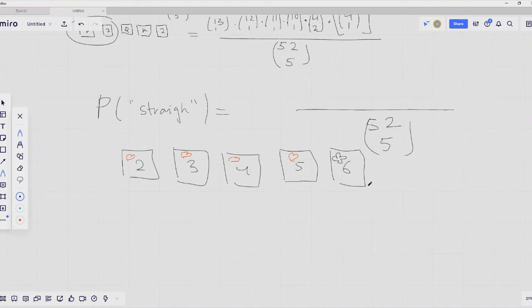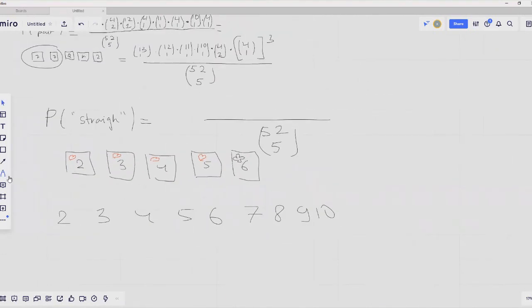If we order all our denominations in a poker deck, there are 13 of them: 2, 3, 4, 5, 6, 7, 8, 9, 10, jacks, queens, kings, and ace.